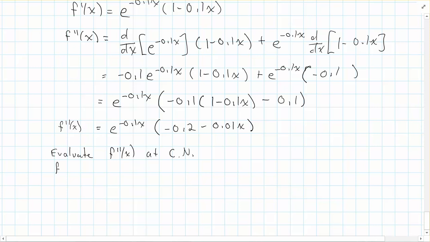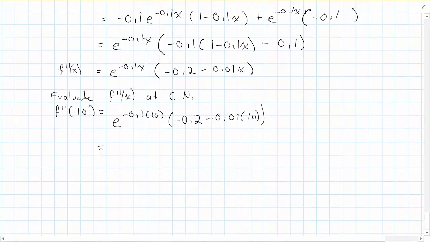And so f double prime at 10 would be e to the negative 0.1 times 10, times negative 0.2 minus 0.01 times 10. And again, we can determine whether this is positive or negative just by inspection, but I'll go ahead and compute it out.